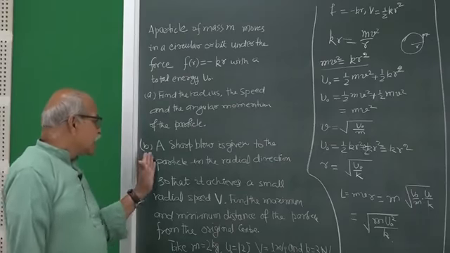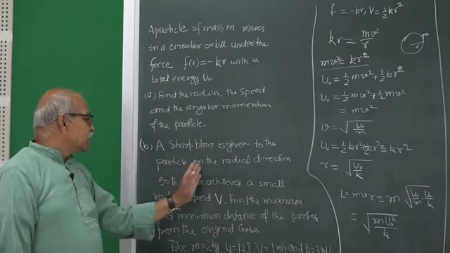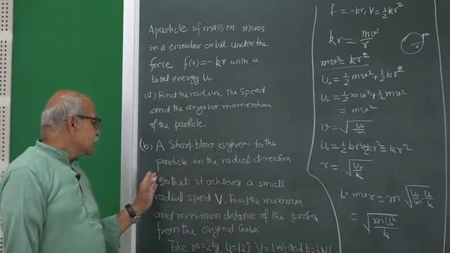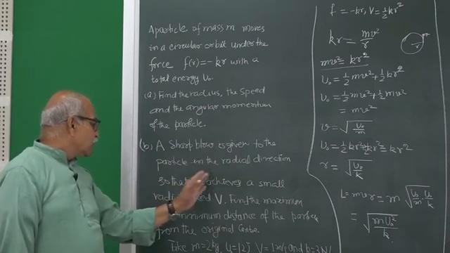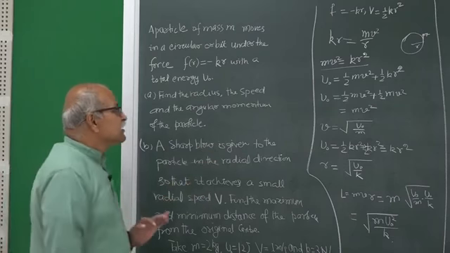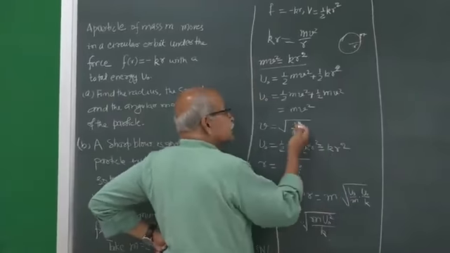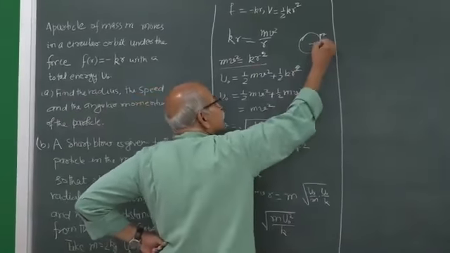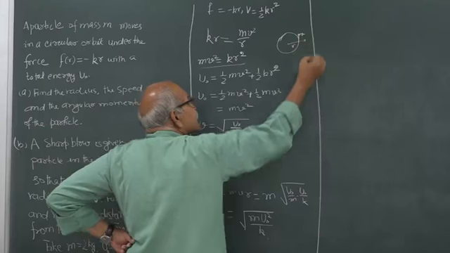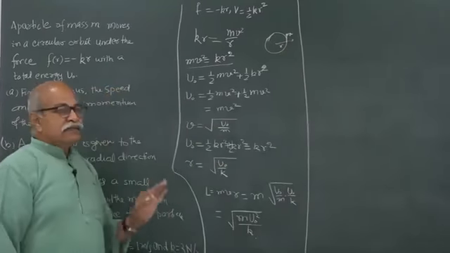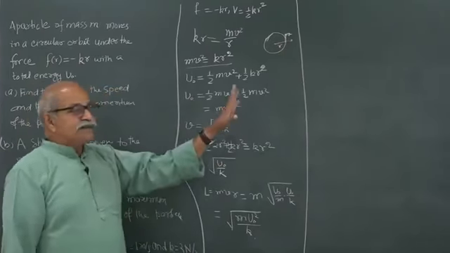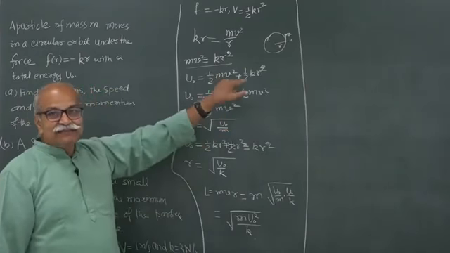Now, a sharp blow is given to the particle in the radial direction, so that it achieves a small radial speed V. So, the particle is going here with this speed v, which is written here, and then it is given a sharp blow in this direction, the radial direction. A force is applied for a short time in this direction. What will this force do?